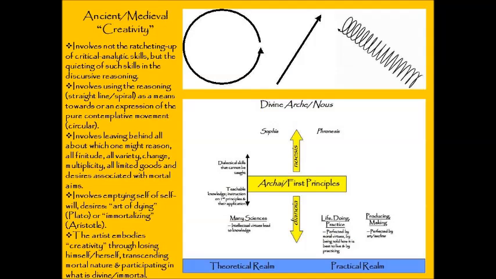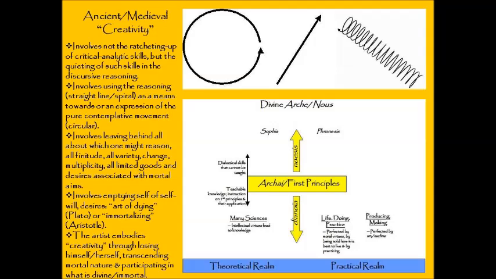But, that being modern, what's ancient and medieval creativity? Well, it involves not the ratcheting up of critical analytic skills, but the quieting of such skills in discursive reasoning. See, you're quieting these things down. The discursive reasoning that we all treasure so much, you're quieting it. It involves using the reasoning, the straight line or the spiral, as a means towards an expression of the pure contemplative movement or the circular.